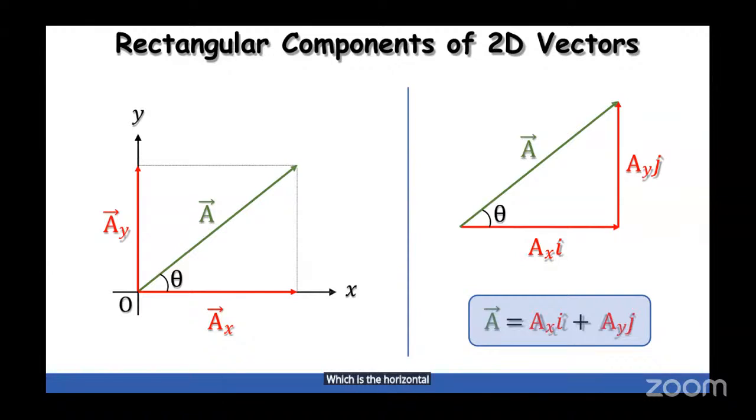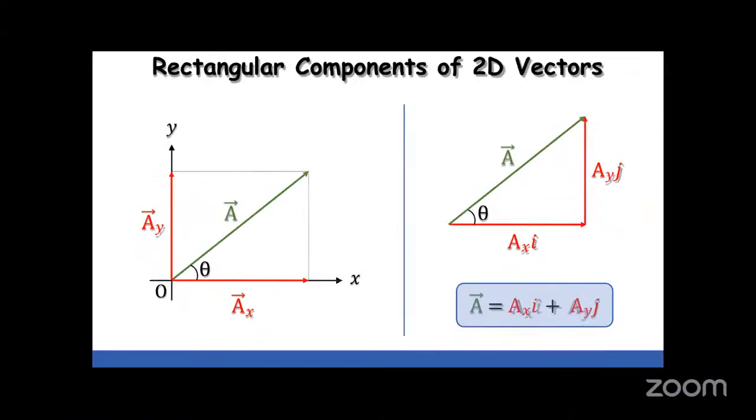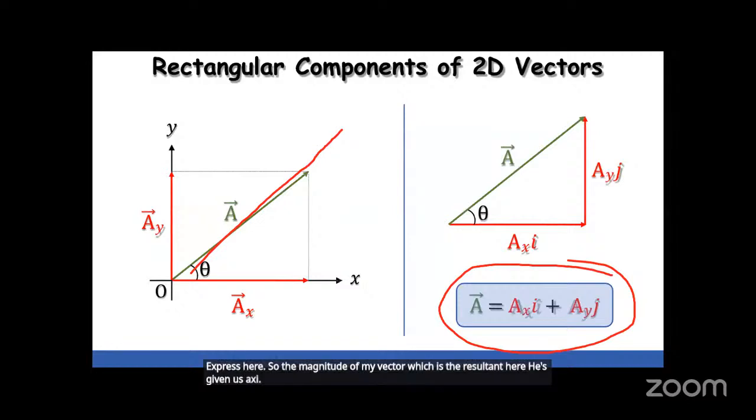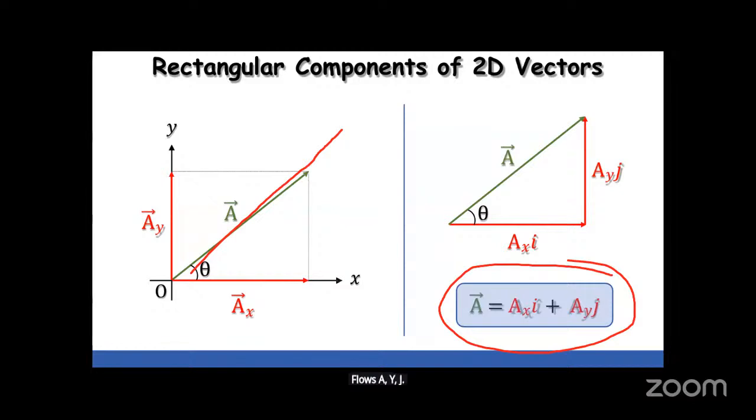So if I have a vector such as this, I can represent this vector AY and AX as expressed here. So the magnitude of my vector, which is the resultant here, is given as AX i plus AY j. i and j are the unit vectors.